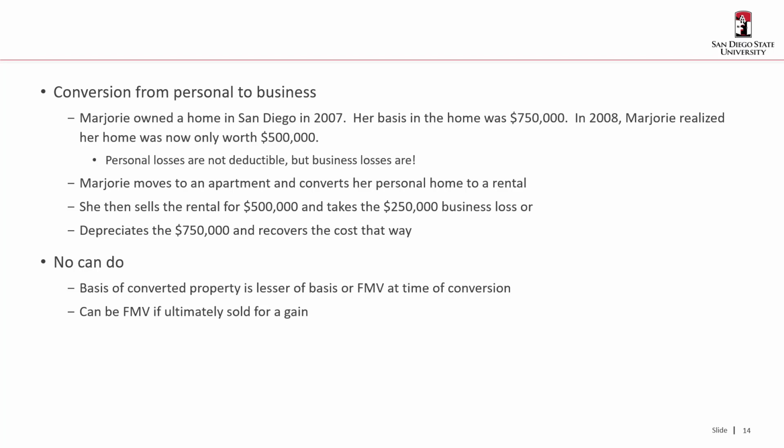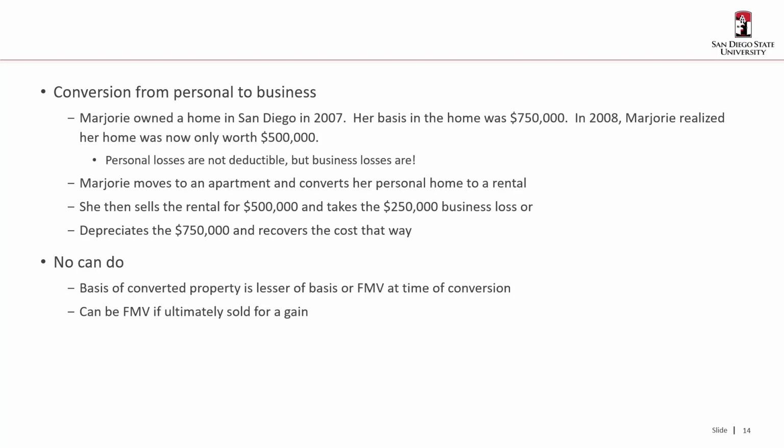So Marjorie isn't dumb. She's a San Diego State accounting grad, and she knows that her personal losses are not deductible. But she knows that business losses can be deductible. So Marjorie decides she's going to move to an apartment and convert her personal home to a rental home. And then shortly thereafter, she'll sell the rental for $500,000 and generate a $250,000 business loss.